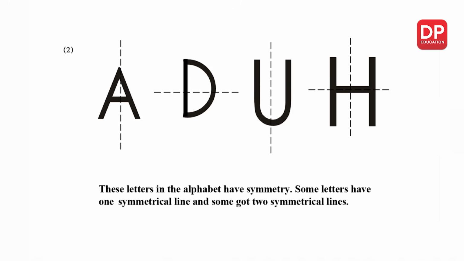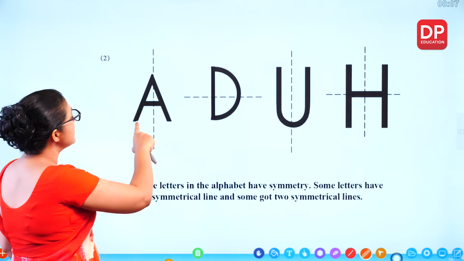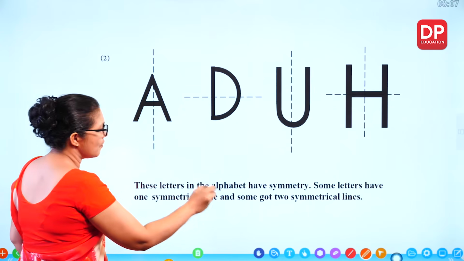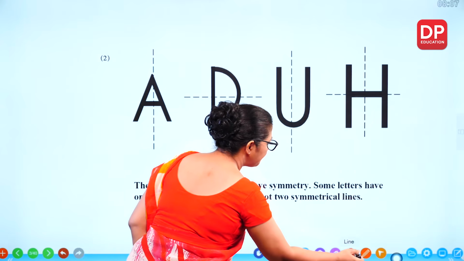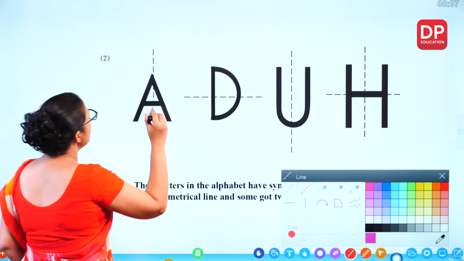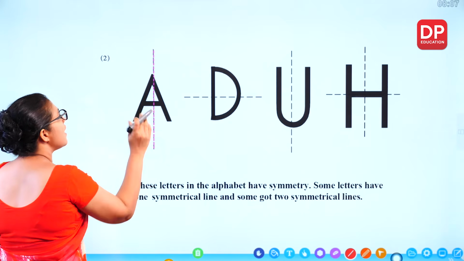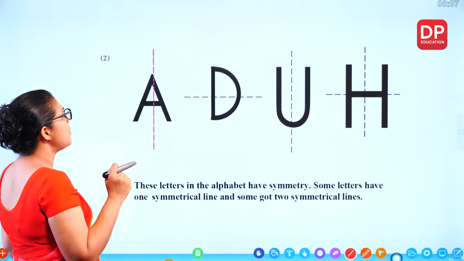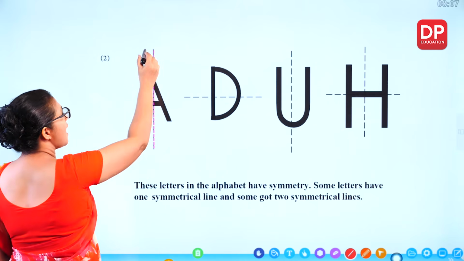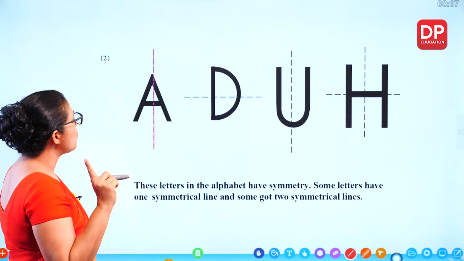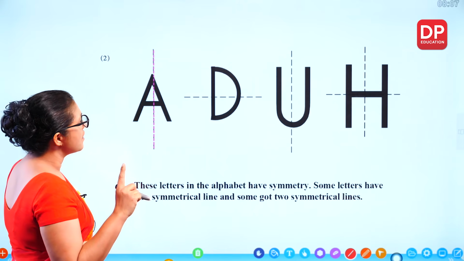Look at these alphabetical letters, A, D, U, H. What can you say about those? Here, if I draw a line along this, I get two identical parts. So this line is the axis of symmetry. So it has one axis of symmetry.